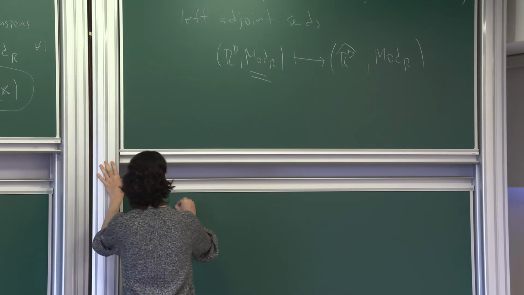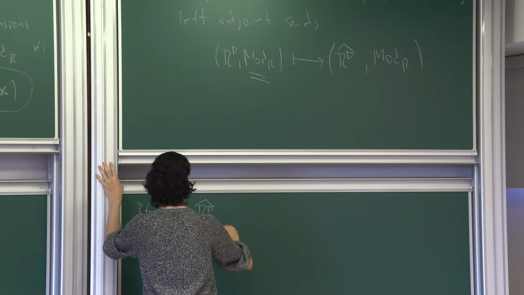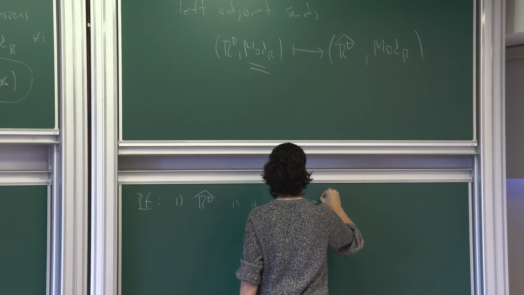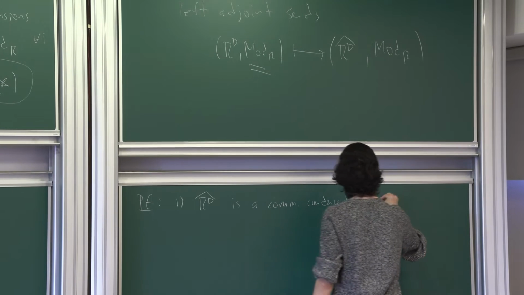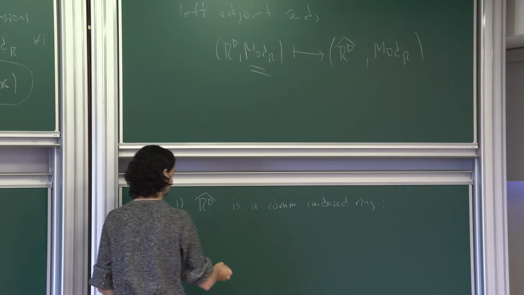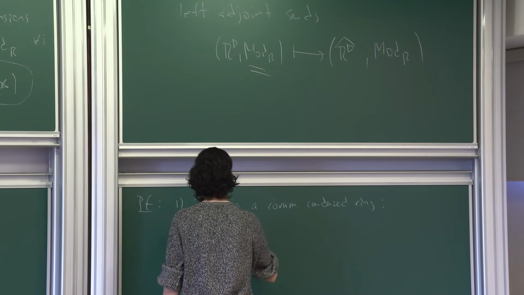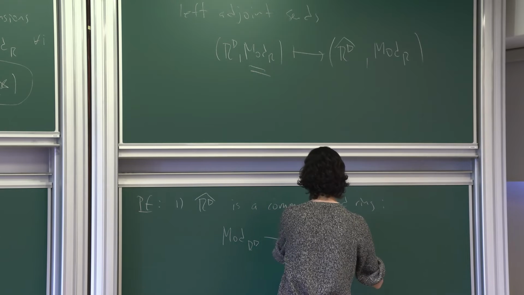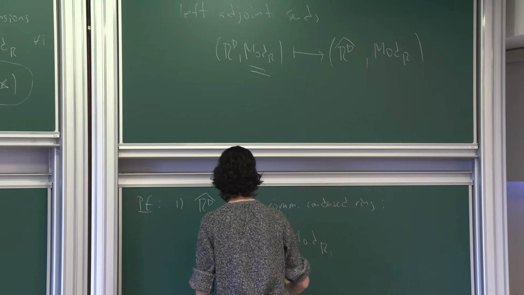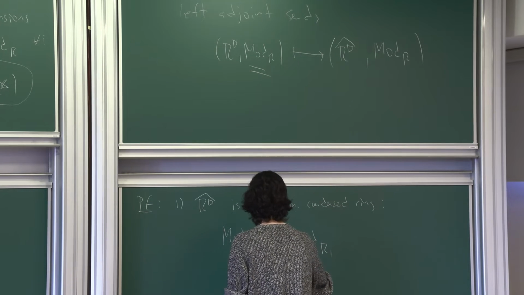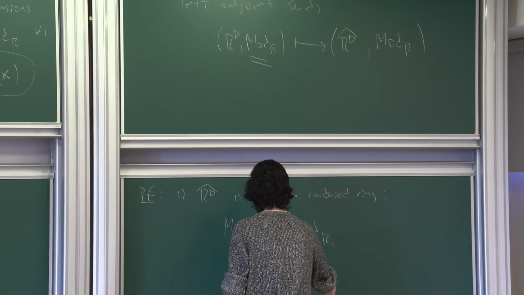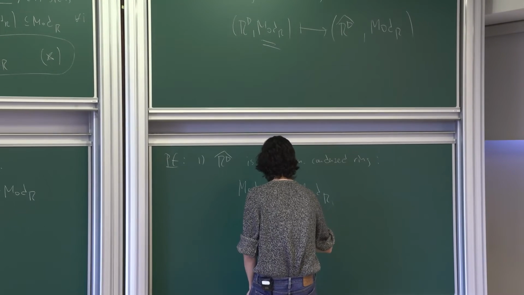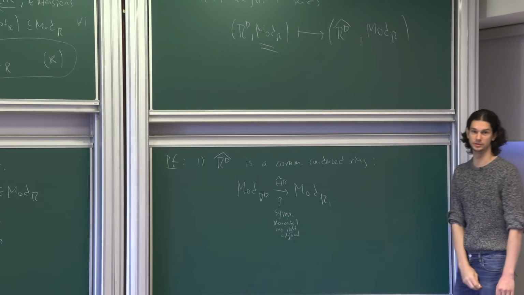So first of all, this R triangle hat is a commutative condensed ring. This is a completely general phenomenon. We have this mod R triangle and this localization functor to mod R, this R-completion, and this is symmetric monoidal and colimit preserving, and it has a right adjoint, which is the inclusion in this case.